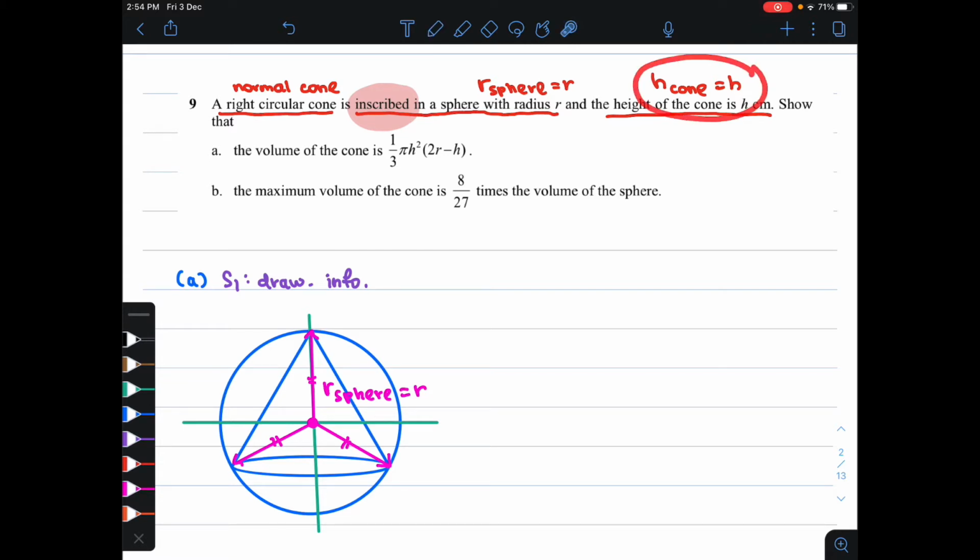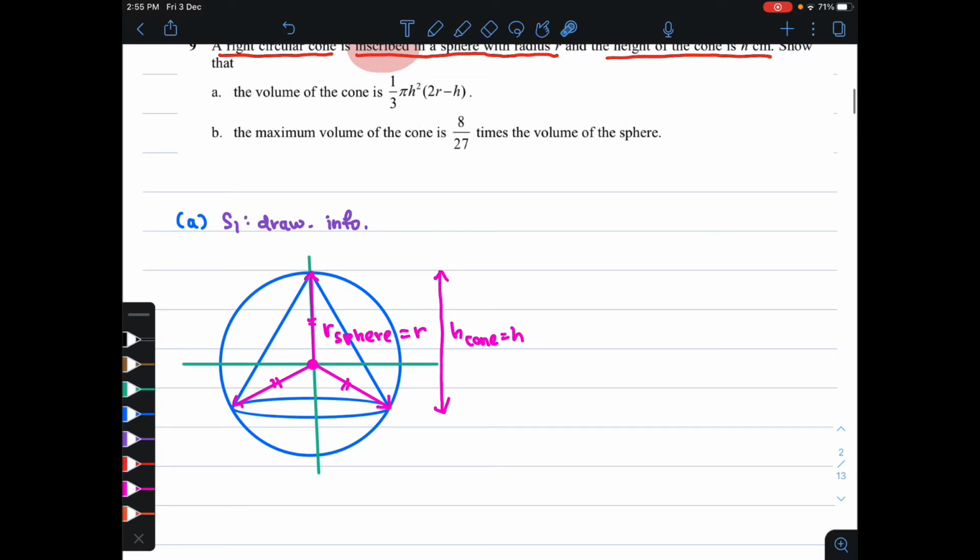Okay, height of cone is h. Height of cone maksudnya daripada hujung cone sampai hujung cone. Macam ni. So, kita tulis. Height of cone is h. Tapi jangan lupa, cone pun dia ada dia punya radius. Dan radius dia adalah dekat sini. So, radius of cone.